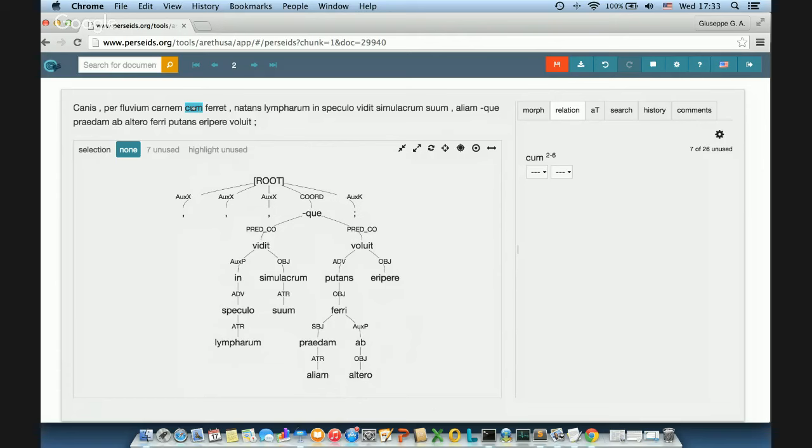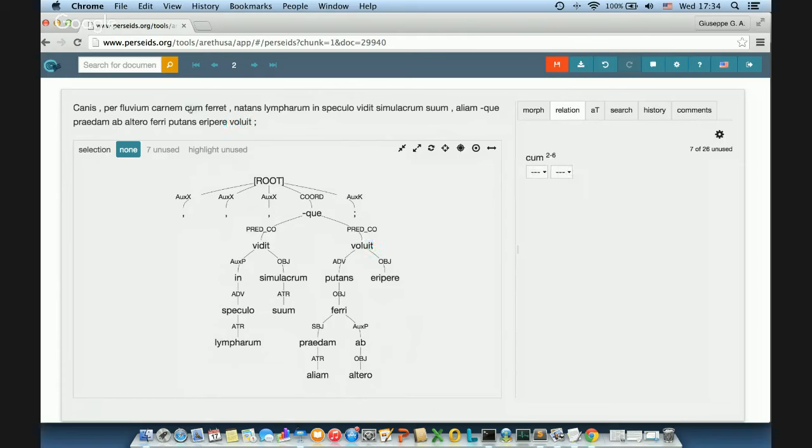I mean, what does this clause really modify? Or to keep things even simpler, does this clause modify simply vidit or also voluit? This is an important question, because on the basis of your answer, we could end up with different annotation.